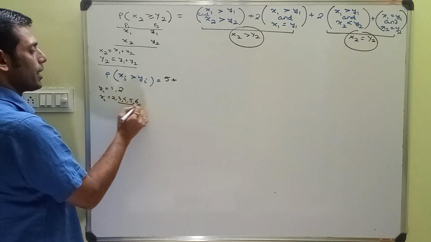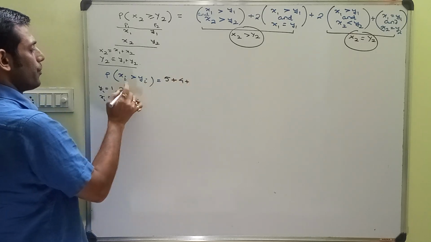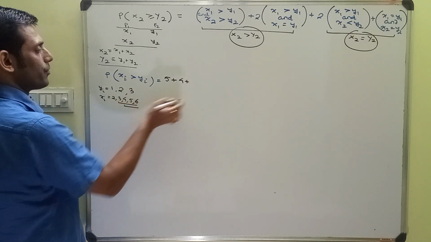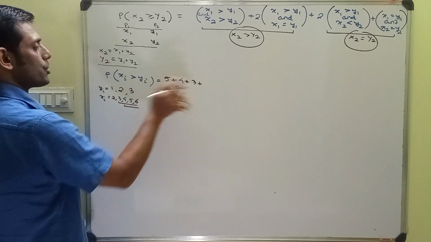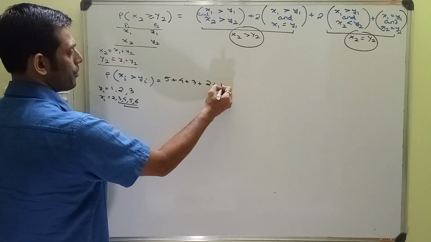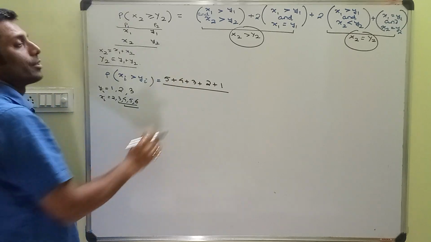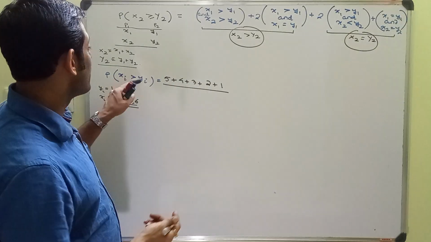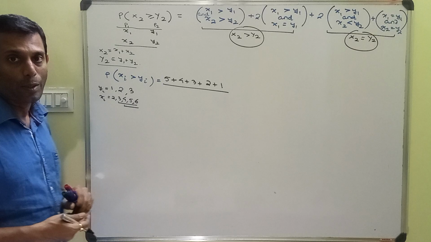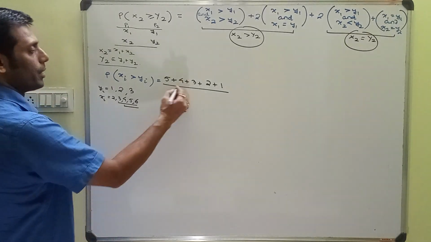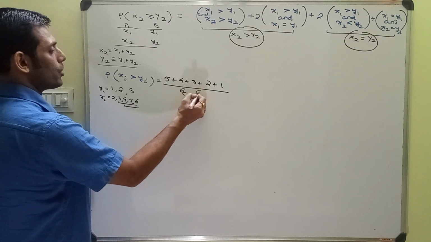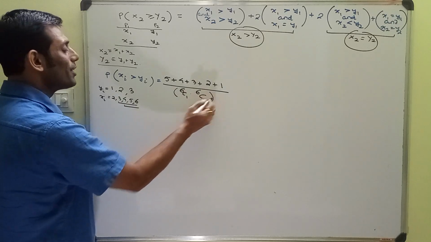If it is 2, then I have 4 possibilities. If Yi is 3, that means I have 3 possibilities. Yi equal to 4 means 2, Yi equal to 5 means 1. And these are the possible ways in which Yi can be less than Xi, upon 6C1 times 6C1, in effect 36.